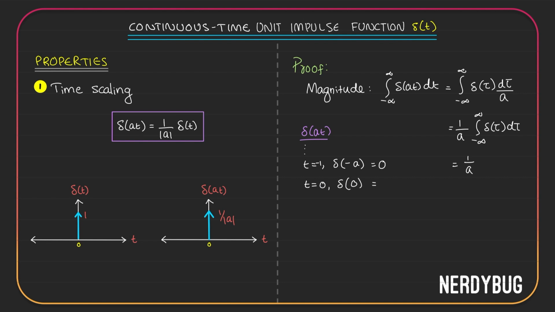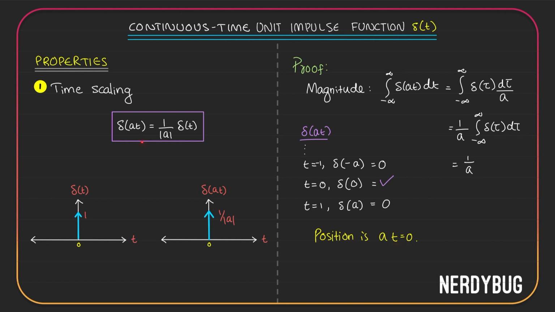And obviously there is some value for delta of t at 0, so we get something here. Again, if I give t equals 1, I'll be getting delta of A, again 0 because there is nothing at A for delta t. If this is A, there you have 0. What we can conclude from here is that the position of this graph is at t equal to 0. That is, delta of AT has a magnitude 1 by A and its position is at t equal to 0.